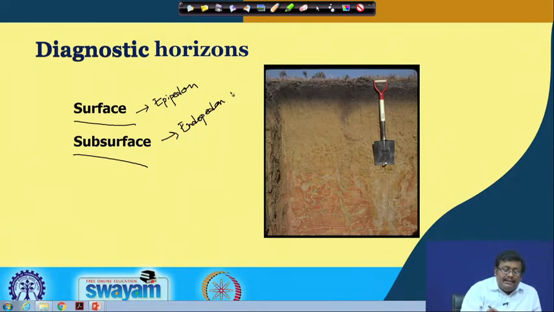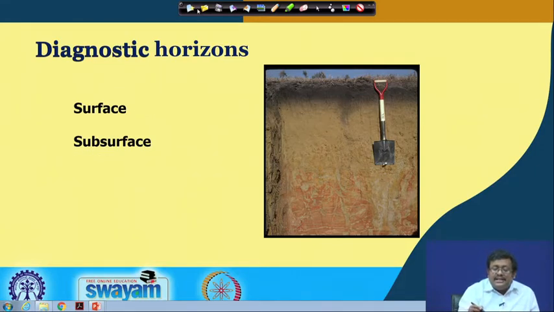There are 8 epipedons and 20 endopedons, each of them differing in their own characteristics, and based on whether those epipedons or endopedons are present in a particular type of soil, we classify them using the soil taxonomy. So, that is the use of these diagnostic horizons. Let us see them one by one.